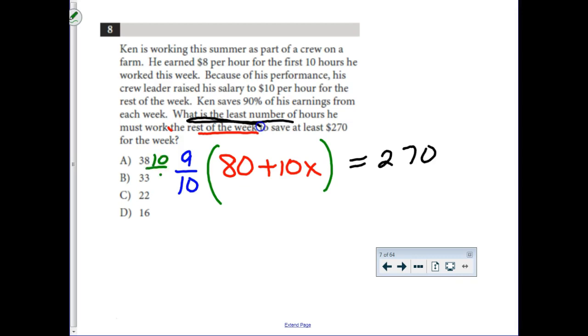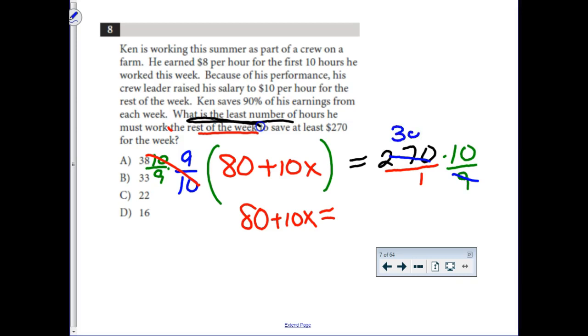Multiply by the reciprocal. Remember, no calculator. So these are gone, and you have 80 plus 10x equals... okay, when you're multiplying fractions, if you don't have a calculator and you're a little kid who has to do it in their head, the best way to do it is to cross-cancel. Cross-canceling that would give you a 30 times 10, so this is a 300.